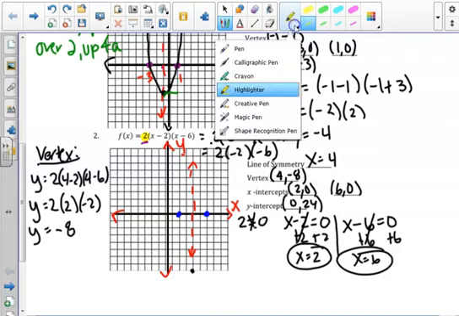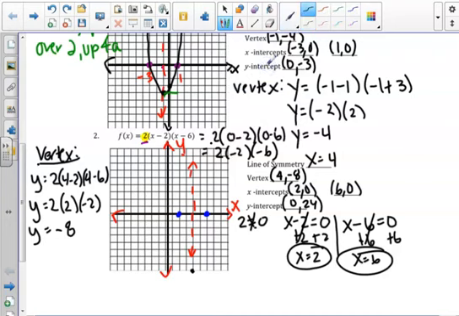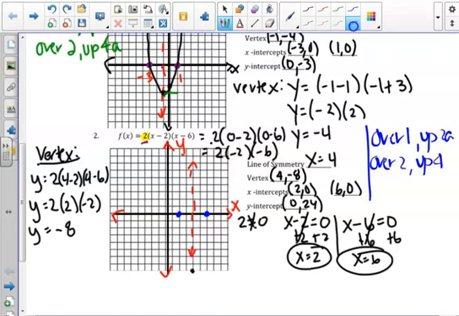Keep in mind from a previous lesson, we can figure out the vertical stretch by using the rule over 1 up A to get the next point, or over 2 up 4A. So what I'm going to do is count over from my vertex how many it would take for me to get to the x value of my next x-intercept. So I went over 2.